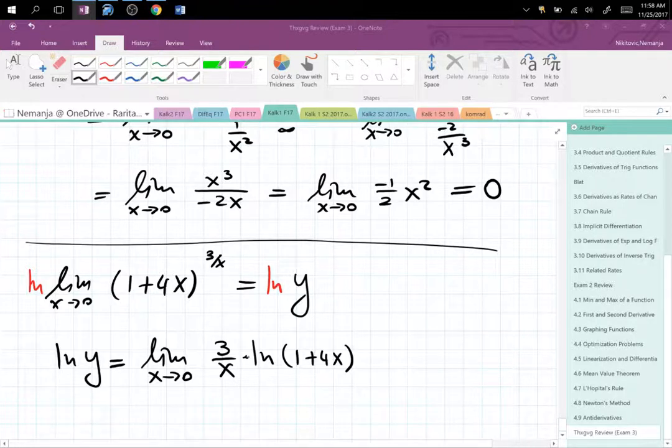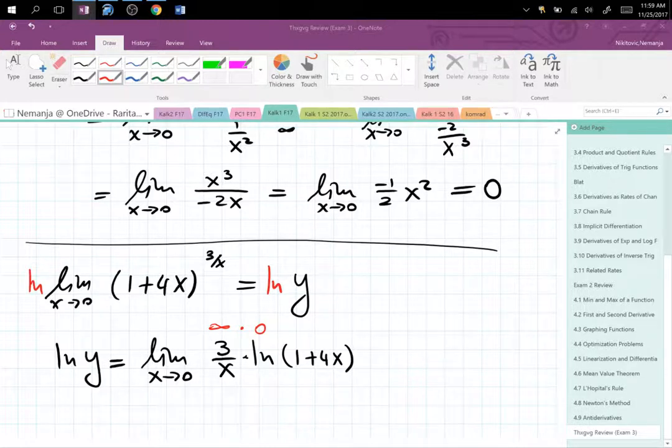And now if you compute the values, you have infinity times 0, because 3 over 0 is going to go to infinity, and ln of 1 is 0.